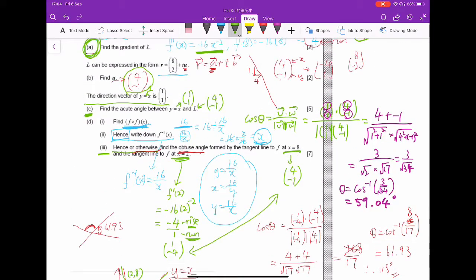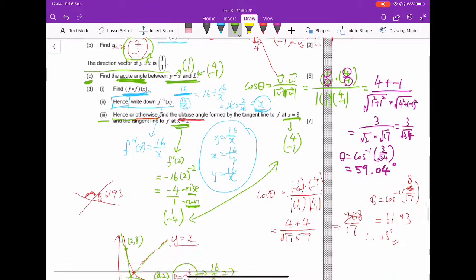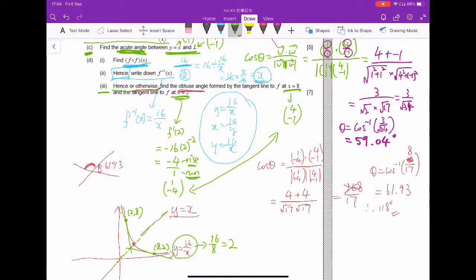And from the previous part, we also found that the acute angle between y equal to x and our tangent line at (8, 2) is 59.04.